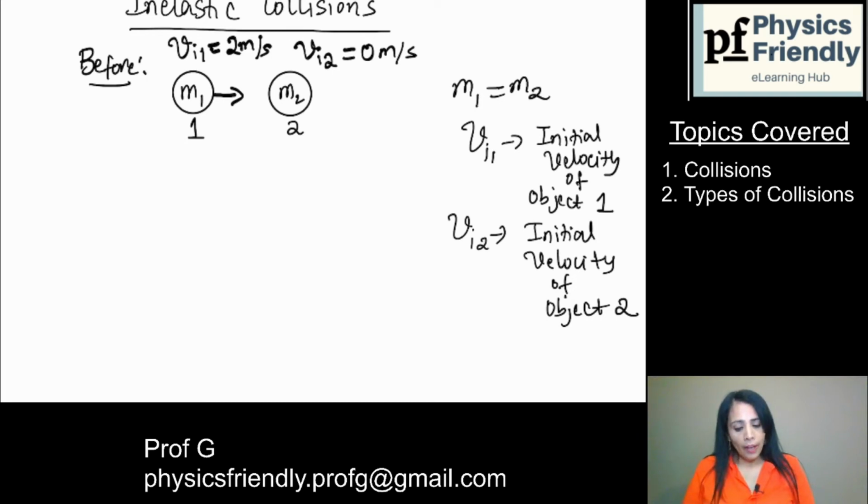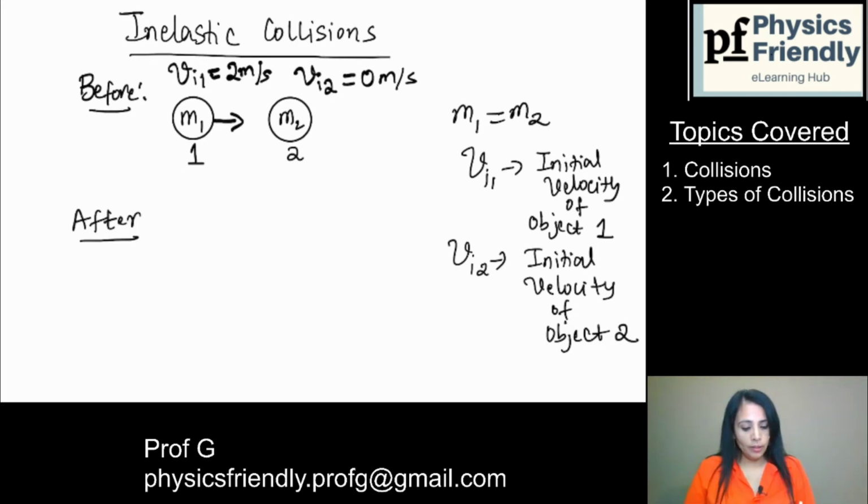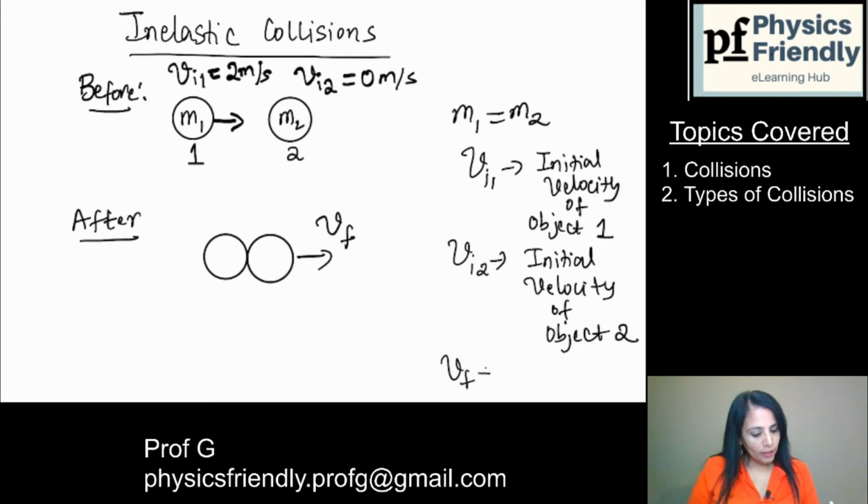All right, now after collision I have both the objects sticking together like that, and they're moving with a new velocity. I'm going to call this the final velocity. V subscript f stands for final velocity.